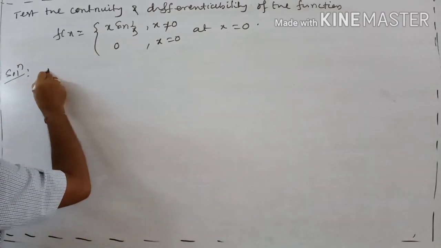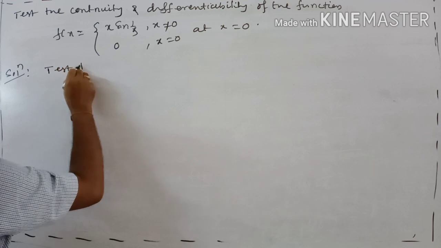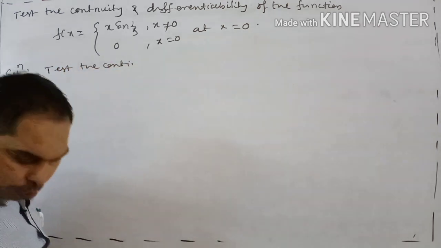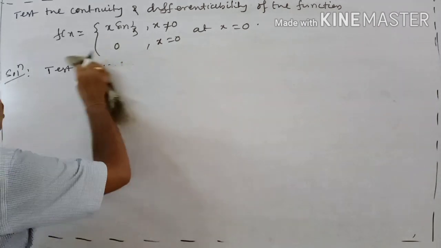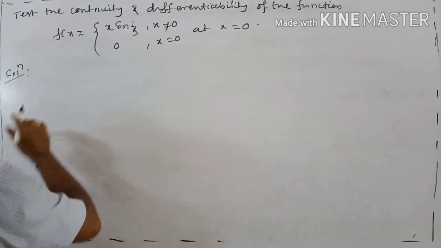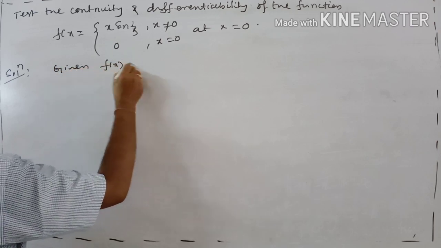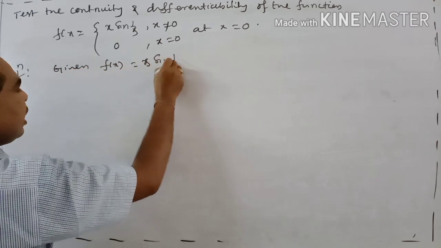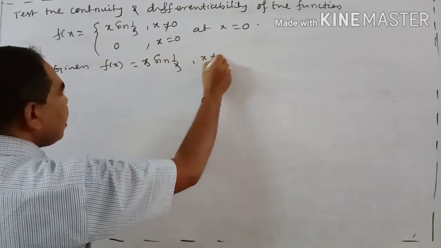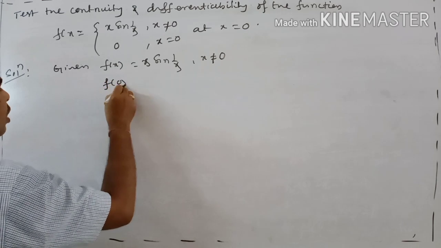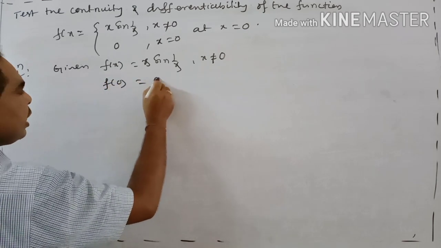First, test the continuity. Before writing continuity, given f of x is equal to x sin 1 by x, x not equal to 0, and f of 0 is equal to what? 0.